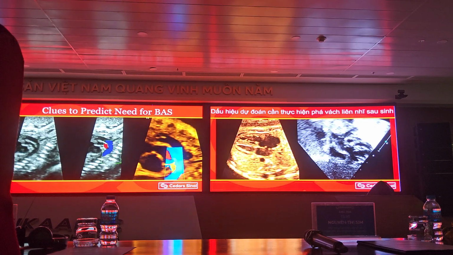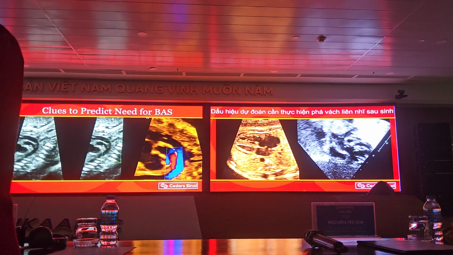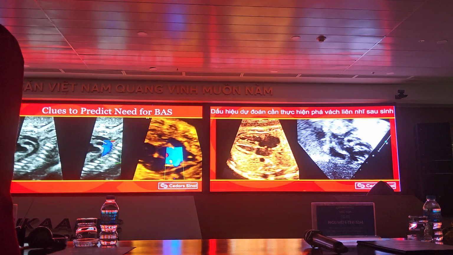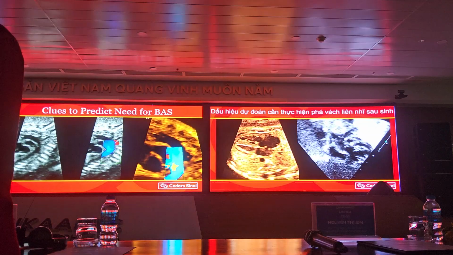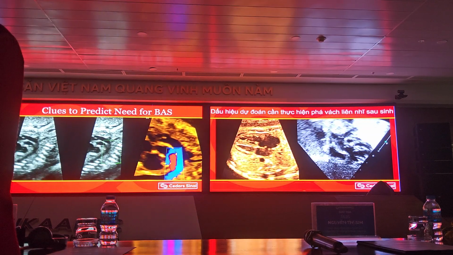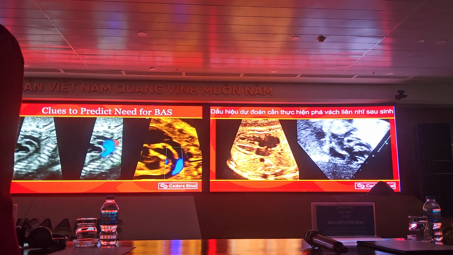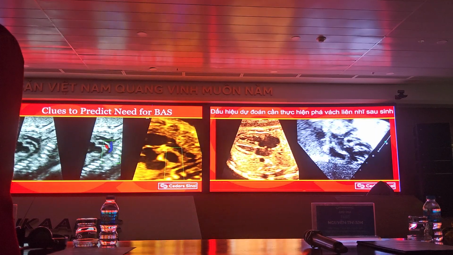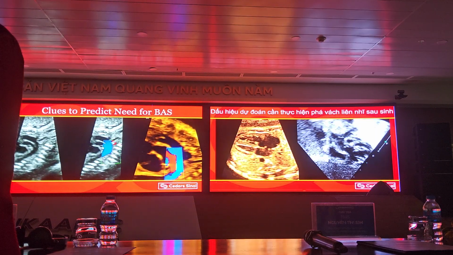But the important message is we're not smart enough yet to know which fetuses will require a balloon and which will not. So any fetus with transposition, unless it's a very, very large VSD, you need to be prepared to do a balloon atrial septostomy soon after birth.